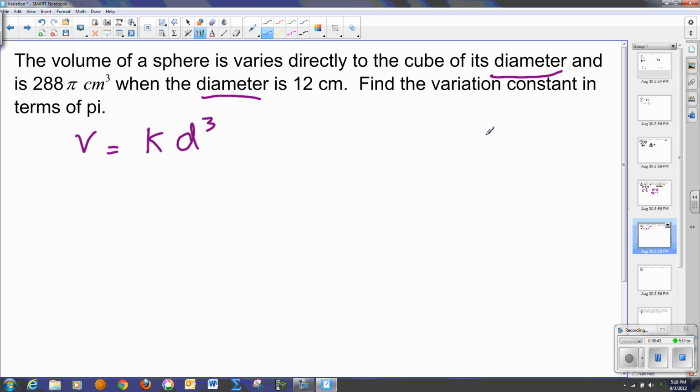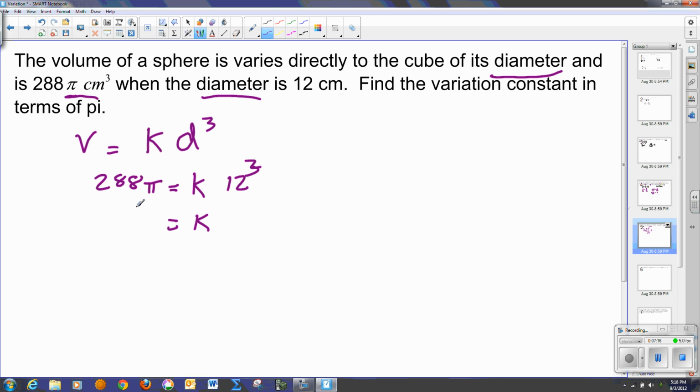And again, they're asking for the variation constant in terms of pi. Okay, now volume of a sphere, all right, is given in cubics, so we're all good here. So 288 pi is equal to k times D cubed. Well, our diameter is 12, and we'll cube that.